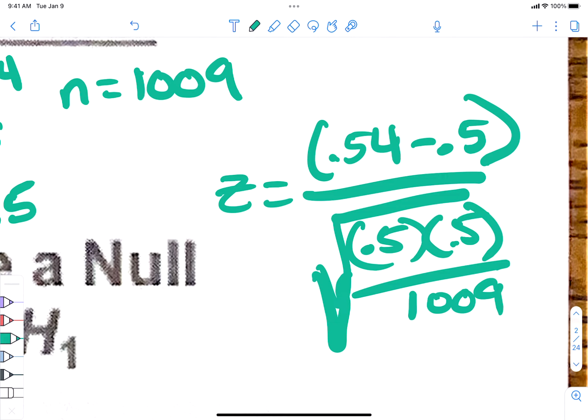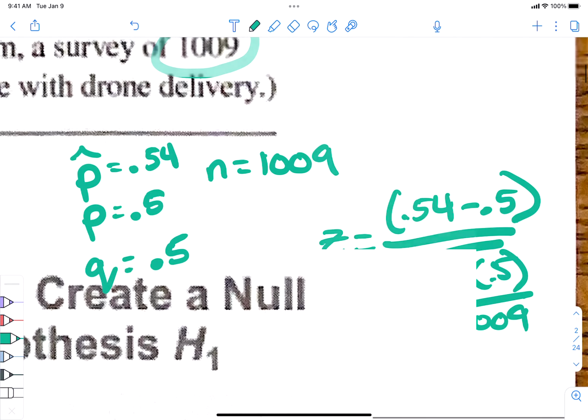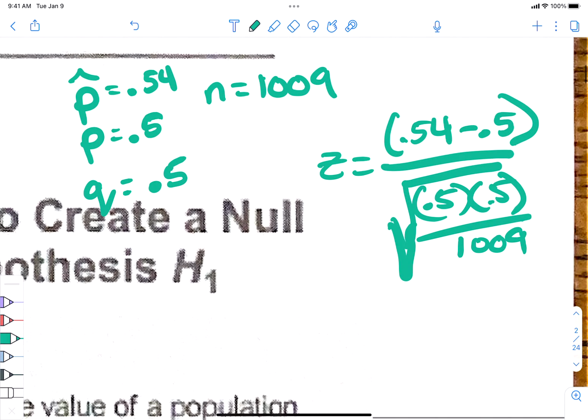So it's going to be positive, right? 54% is on the right side of 50%. Okay, let's see if we can get a Z that's positive. We're almost done. I got 2.54.